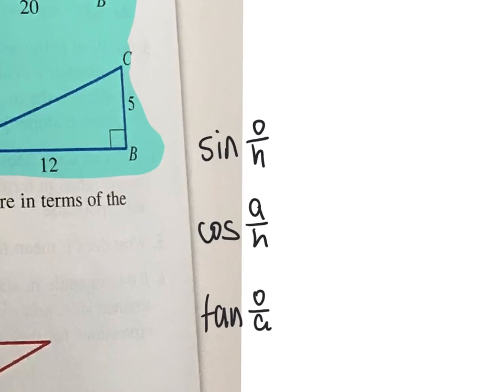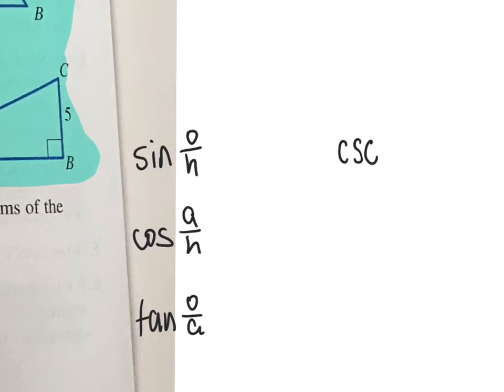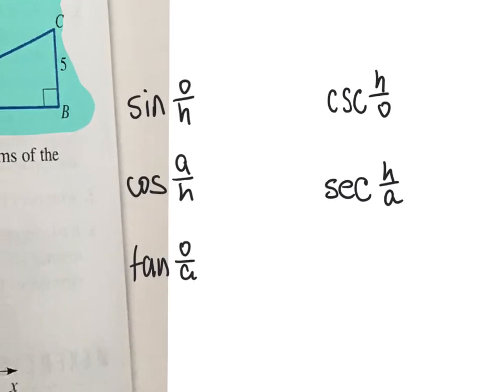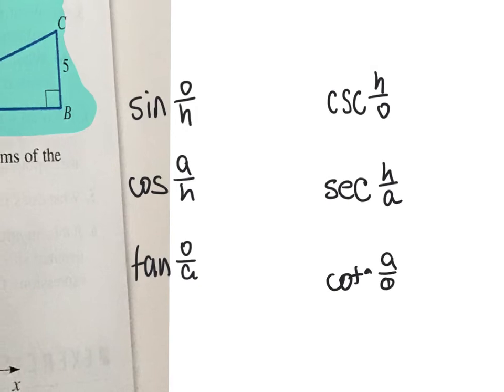The reciprocal of sine is cosecant. You guys need to know that. It's what over what? H over O. Good. What's the reciprocal of cosine? Secant. Hypotenuse over adjacent. And then tangent is cotangent. So it's adjacent over opposite.